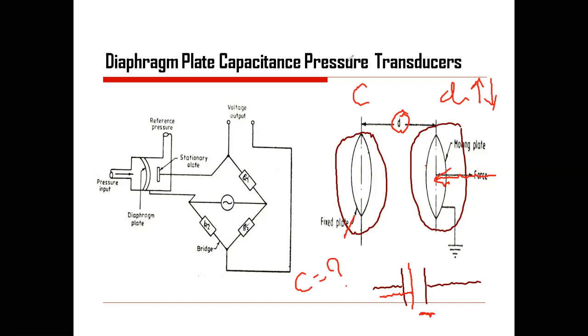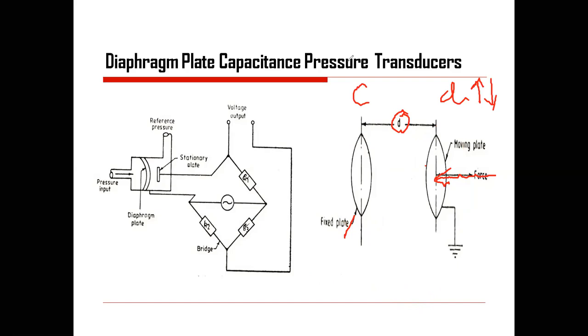So this is the basic concept of the capacitive type of sensor. Here we apply a pressure as an input, and that pressure provides a change in the displacement, and that displacement will vary the capacitance, but the displacement is a function of the pressure that has been applied as an input.